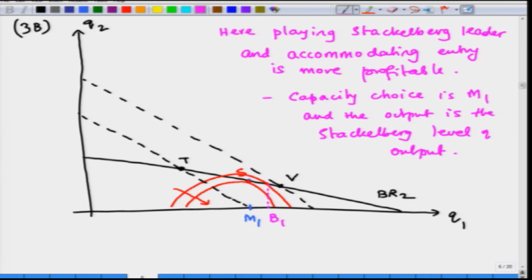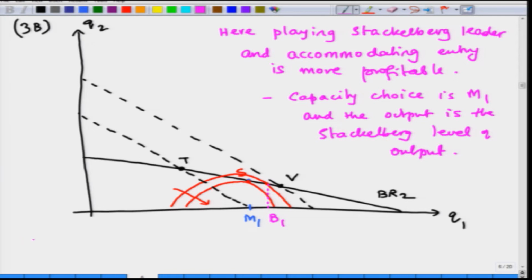So, this is the entire taxonomy of the entry deterrence and entry accommodation strategies of the incumbent firm. So, the key takeaway here is by judiciously choosing its capacity in stage 1, the incumbent can deter entry in stage 2, right.